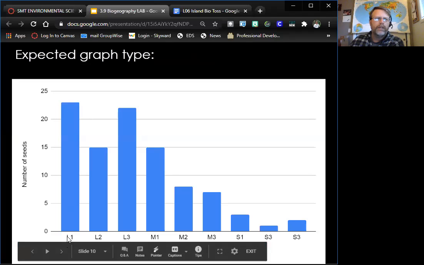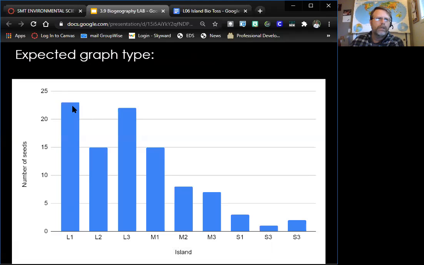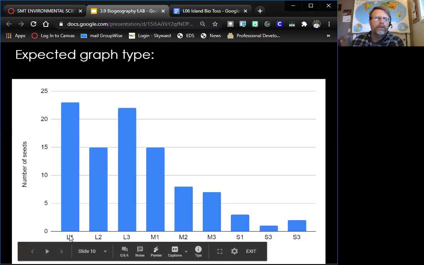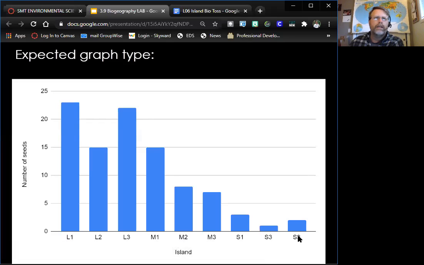The largest island that was closest to the mainland got about 22, 23 seeds in it. So I did large island close in, large island middle ways, large island far away, middle island close, middle island at the middle, middle island far away, and small islands. That's how I graphed it. That is what I'm expecting.